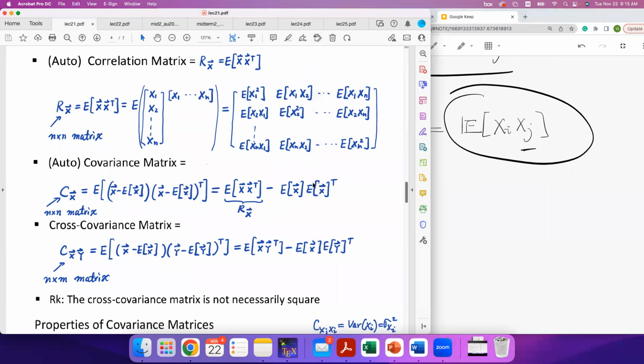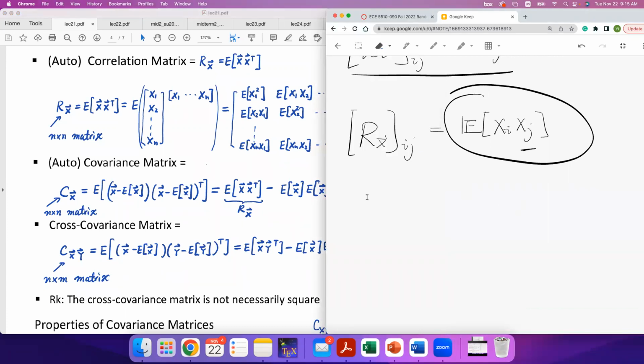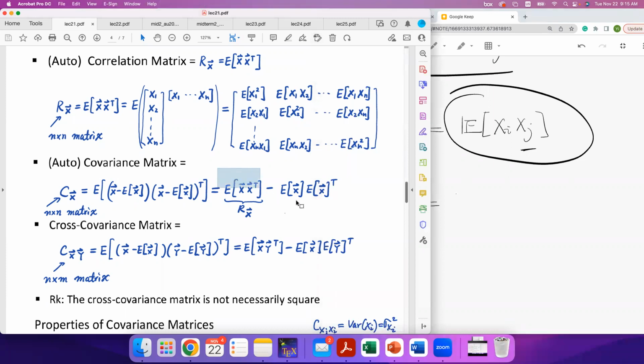And similarly for this autocovariance matrix, Cx. Again, if you look at the ij entry, it is basically the ij entry of this correlation matrix minus the ij entry of this matrix.